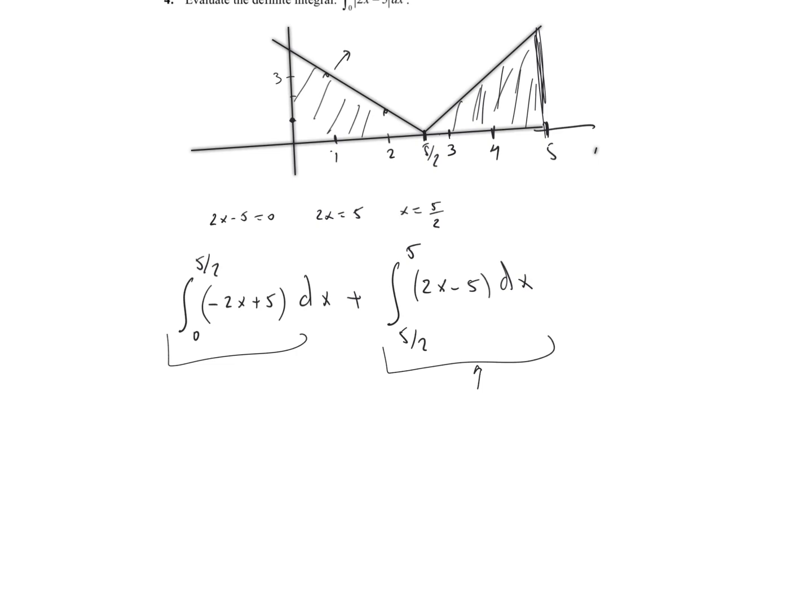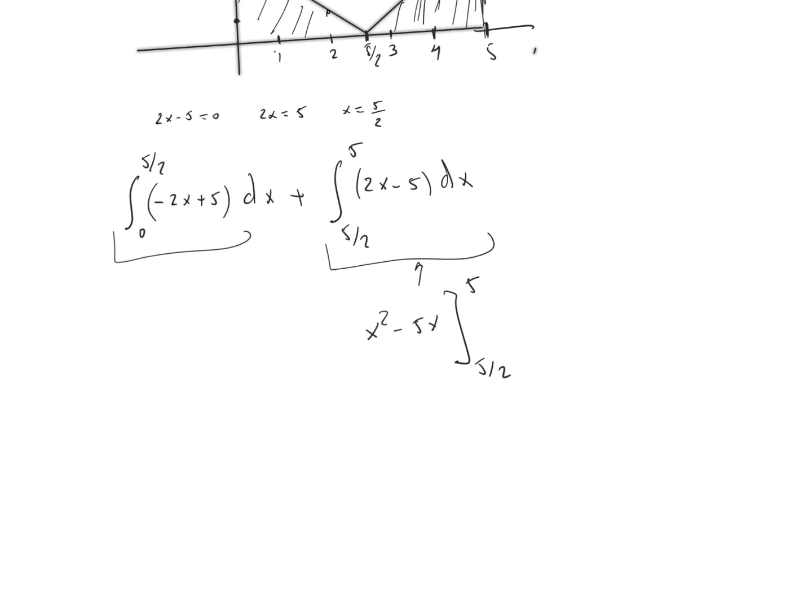The antiderivative of 2x minus 5 will be x squared minus 5x. Evaluated between 5 divided by 2 and 5, it will be equal to 5 squared minus 5 times 5, minus 5 divided by 2 squared minus 5 multiplied by 5 divided by 2.